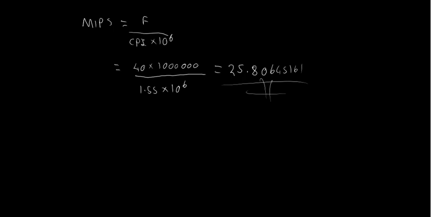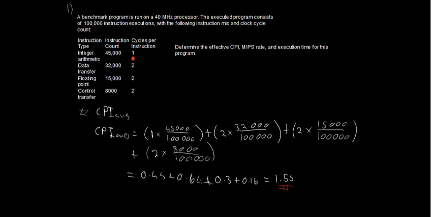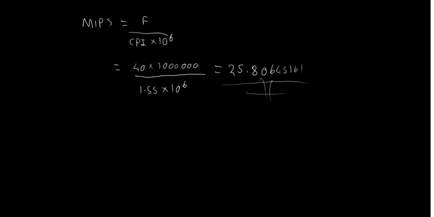Then what is the next part of the question? Our execution time. Execution time is equal to instruction count times CPI times period. Now how do we calculate the period? The period is equal to 1 over our frequency, which is 1 over 40 times 1 million, because remember, this has to be in hertz, so it's converted to hertz by multiplying by 1 million.